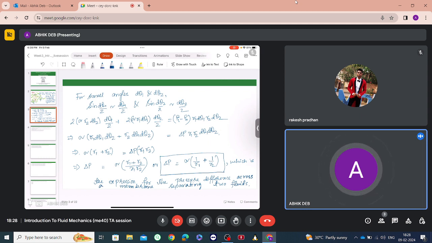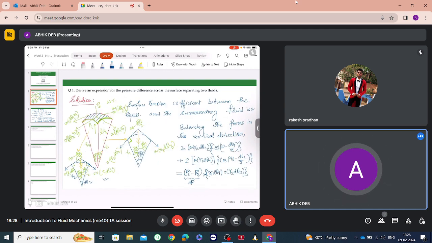So if there is any doubt throughout the solution, you can ask. Then we will move on to the next problem. This is a very essential derivation, and we use it to find the pressure difference across many of the commonly encountered bodies, such as water droplets, bubbles, soap bubbles, then liquid jets.